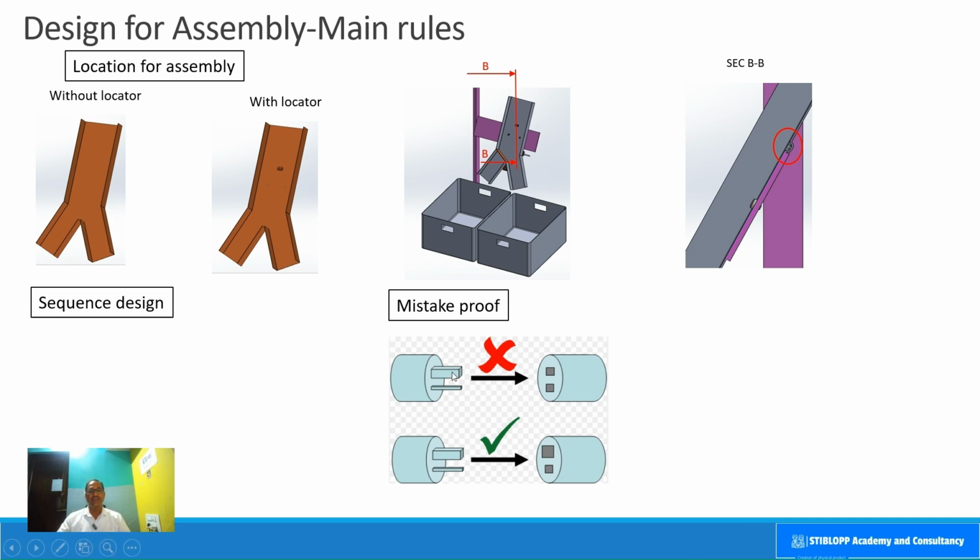If you try to fit this male part into this female part, it will not fit, because you can see that this slot is smaller than this slot. And this male part can enter only into this female part. So this was introduced only to avoid the mistakes of fitting the right side part to the left side and the left side part to the right side.